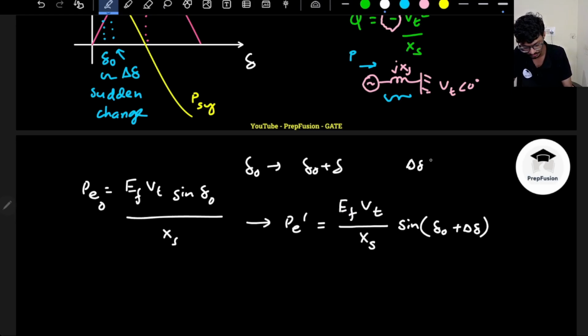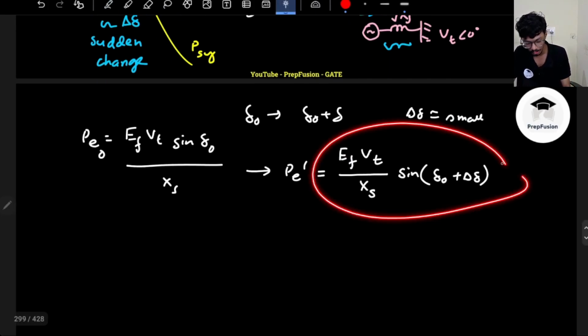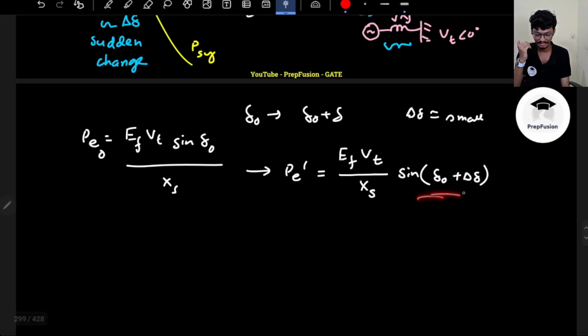Remember, del delta is very small. So I can break this down using the formula sin(A plus B).